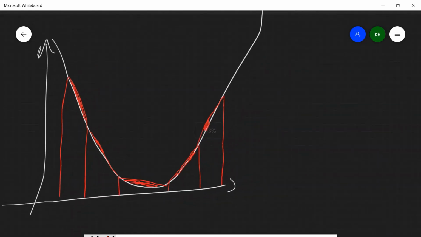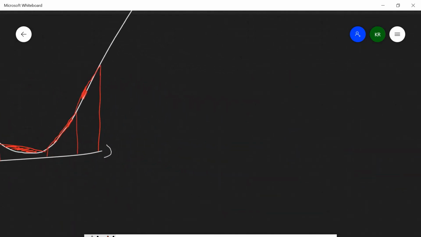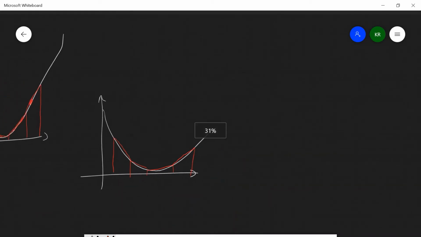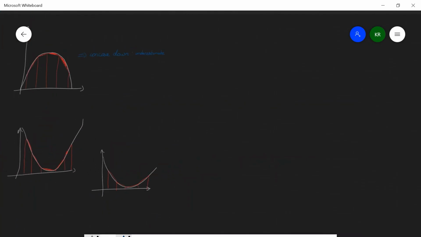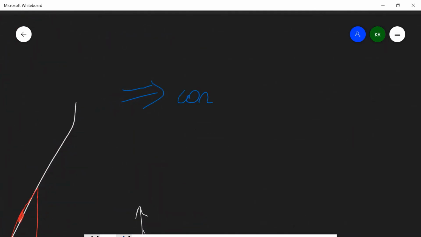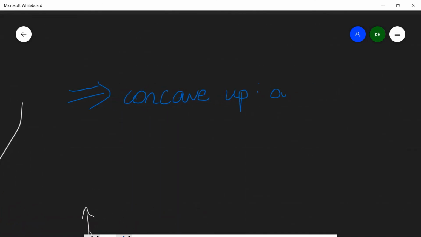Area there and area there, right? Perhaps I can make this more obvious by doing it like this. Now you can really see that this is concave up, so there's area here that we're including in the approximation, but that's not actually under the curve of the function, it's above the curve. So for concave up functions, it's going to be an overestimate.